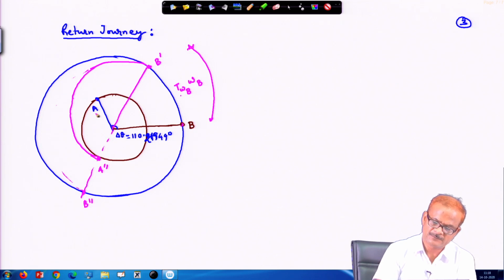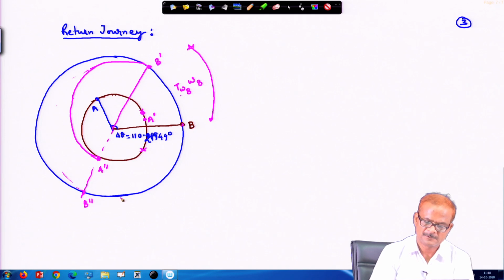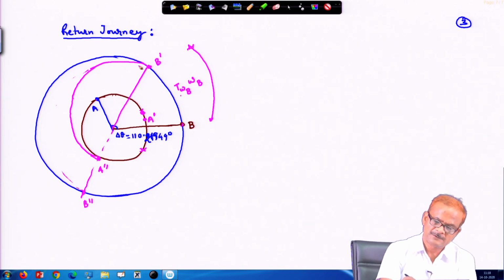And because A is fast moving, this is in the inner circle, it may come to some other point, let us say it comes here, okay, or either it comes here, whatever the position. Okay. So, in this wait time, let us assume that this comes to this place, this is A prime, and from A prime then during this flight time, this is your flight time, which we are writing as t.